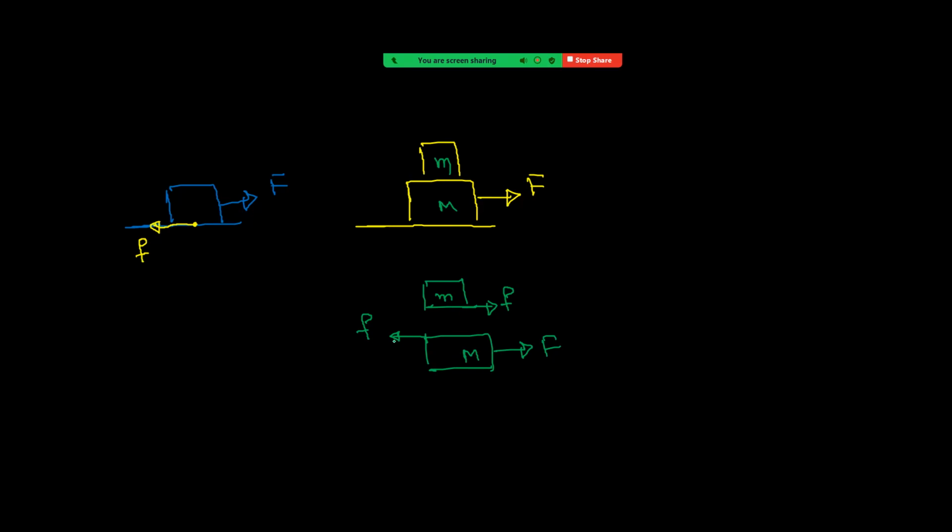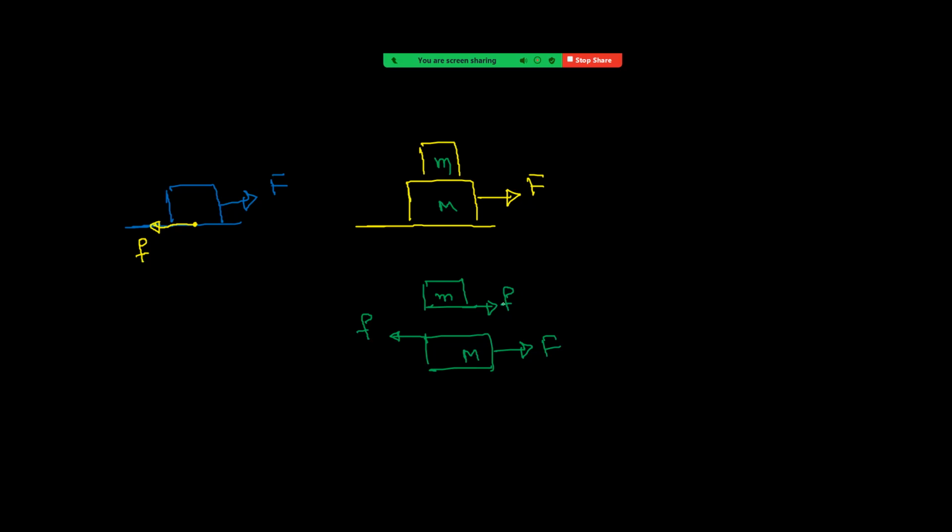It opposes relative motion, that is the meaning. And this is an example for friction may support the motion. The upper block is moving because of friction only. So friction always opposes relative motion, and friction may support the motion.